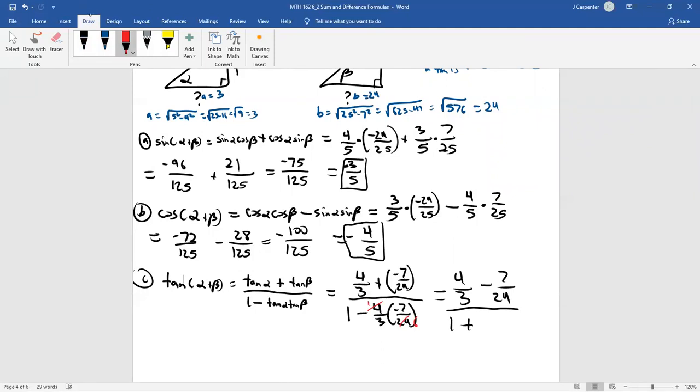Then you multiply straight across, and you would get positive 7 over 3 times 6 is 18. Why does that sound wrong? So that's positive 28 over, oh, I know why that sounds wrong.